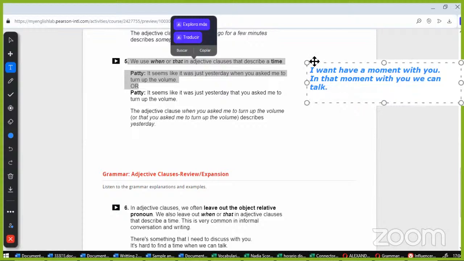How would you combine these two? I want to have a moment with you that we can talk.